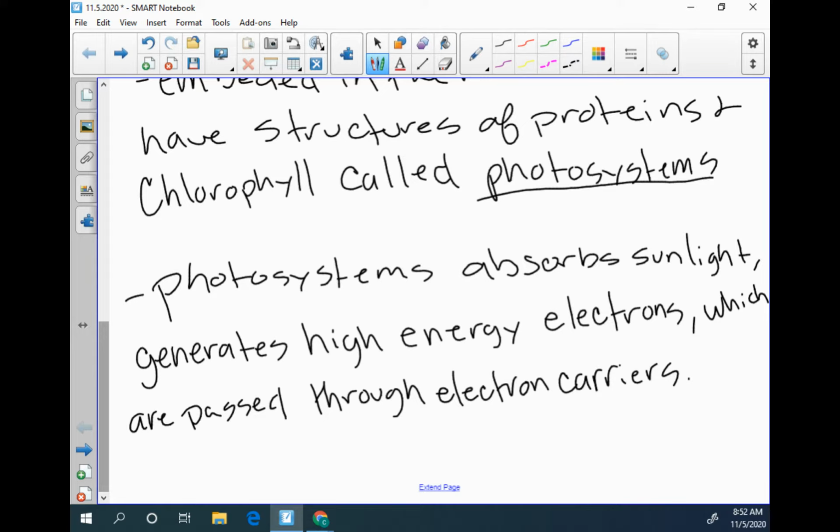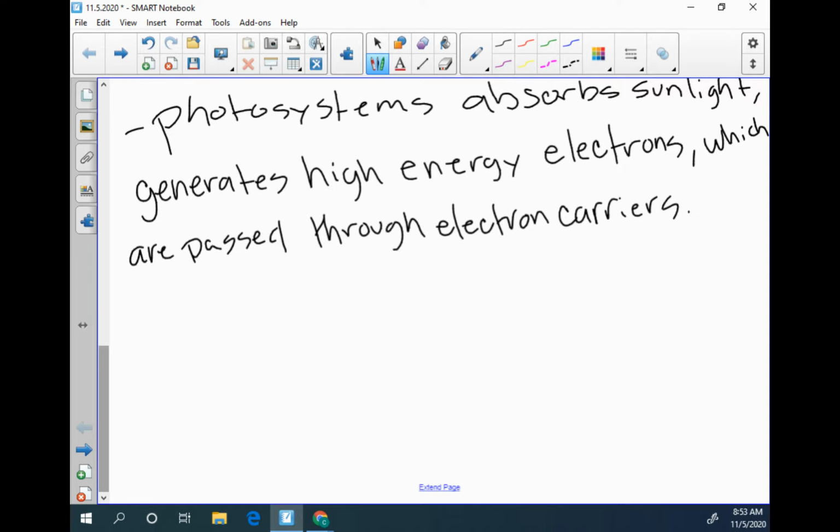There are two types of photosystems that take place in the process. We're going to outline that process. So the light reactions happens in 4 steps, right? Yes, light reactions happens in 4 steps, or light dependent reactions rather.